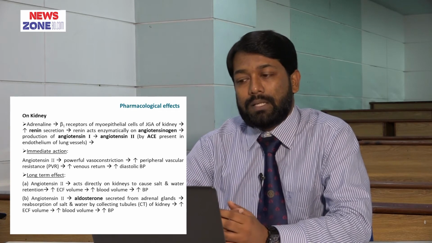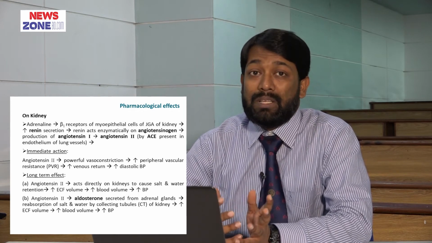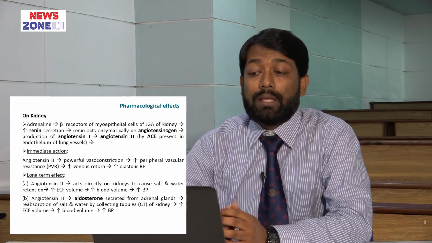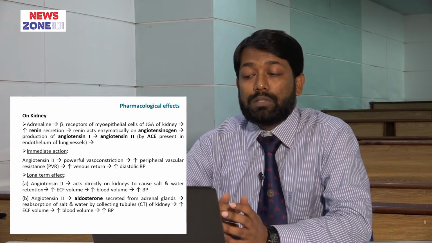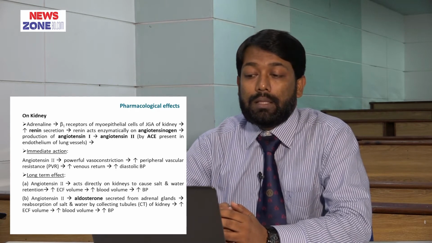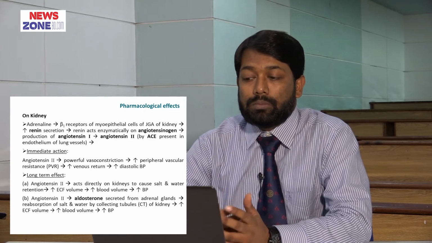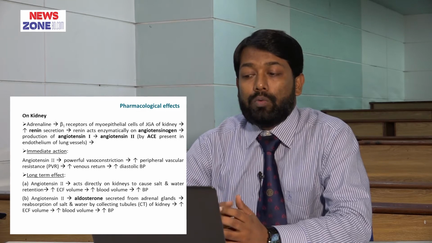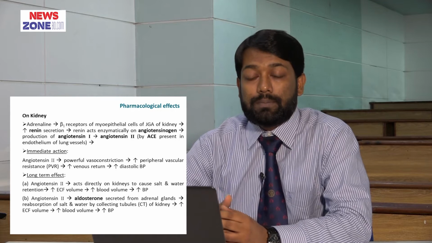Renin acts enzymatically on angiotensinogen, which is produced from the liver. Angiotensinogen is converted to angiotensin 1 and angiotensin 1 is again converted to angiotensin 2. This conversion is caused by angiotensin converting enzyme derived from the endothelium of lung vessels.